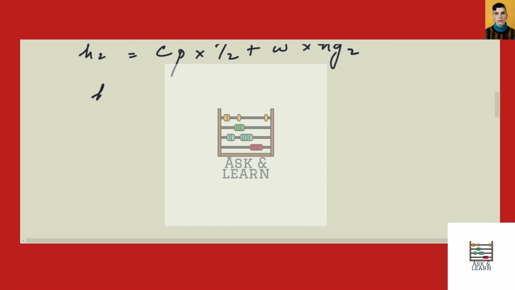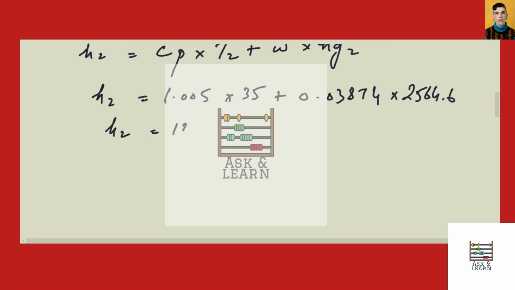Then H2 = 1.005 × 35 + 0.03874 × 2564.6, and H2 is equal to 134.52 kilojoules per kg. We will also need the enthalpies H3 and H4.